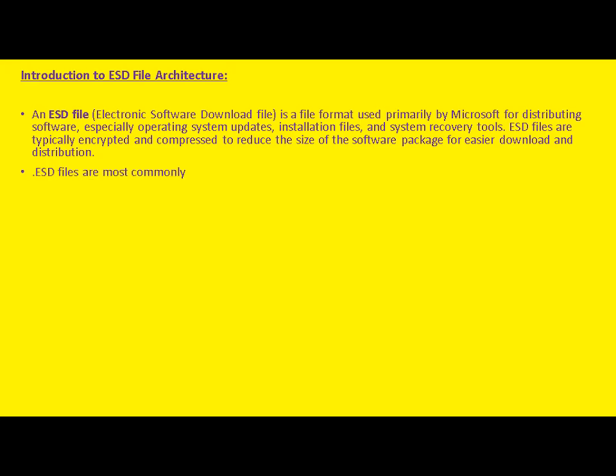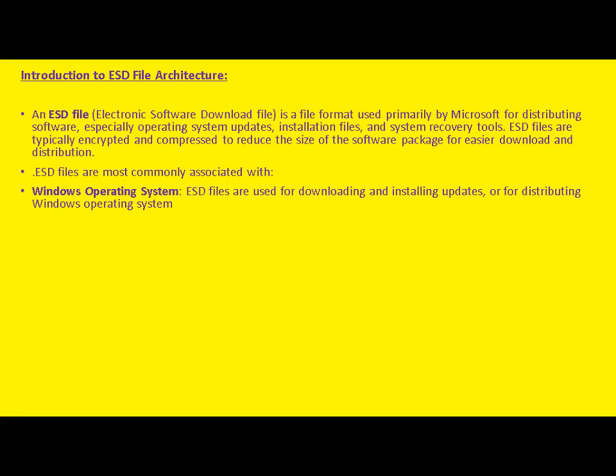So .esd files are most commonly associated with the Windows operating system. They are used for downloading and installing updates or for distributing Windows operating system installation files, for example when upgrading or installing Windows. The second purpose is Windows recovery.